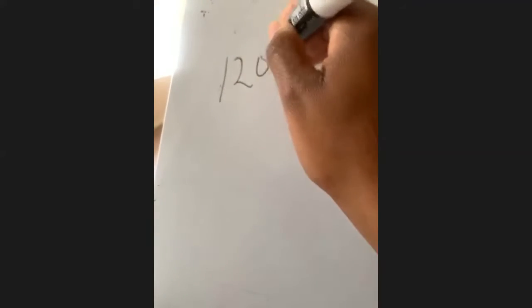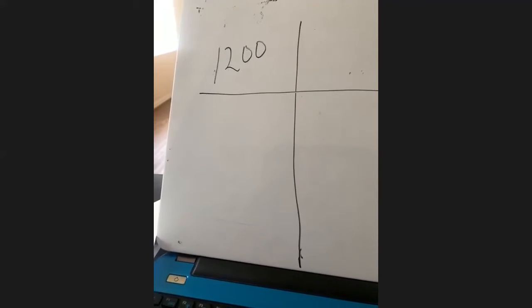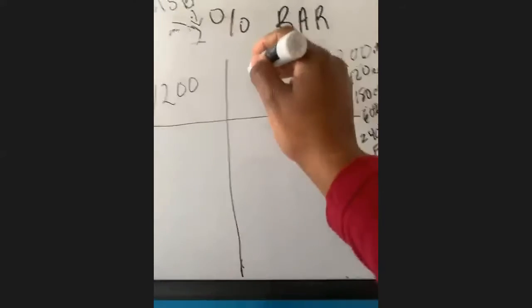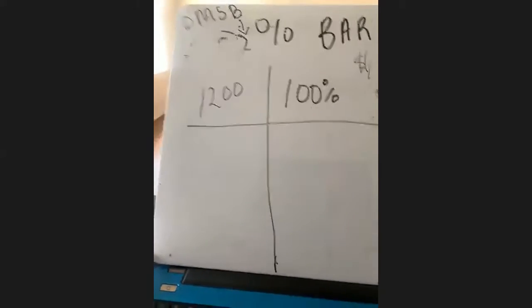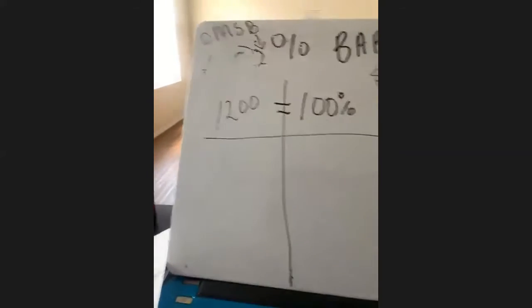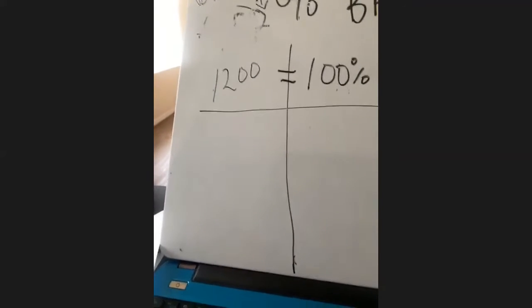So we have 1,200 here. And 1,200 is what percentage of the money we spent? If you said 100%, you were right. So 1,200 equals the 100% of the income.